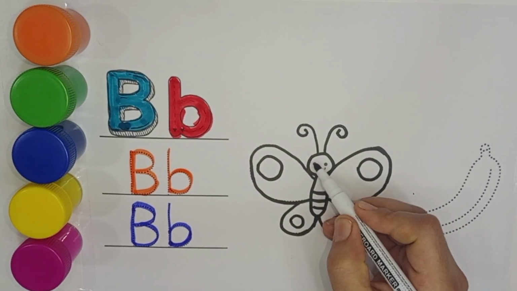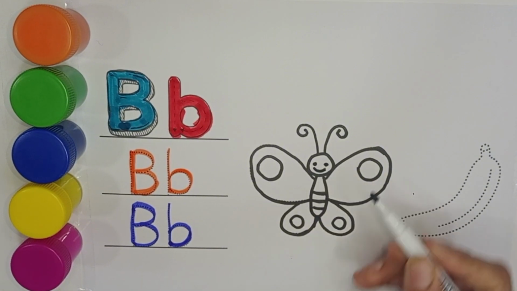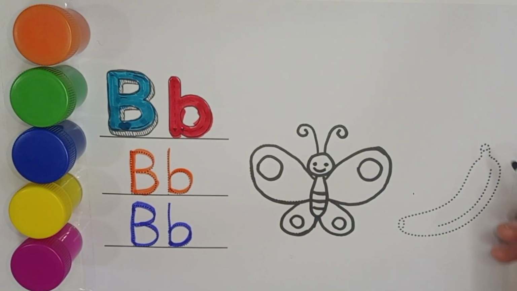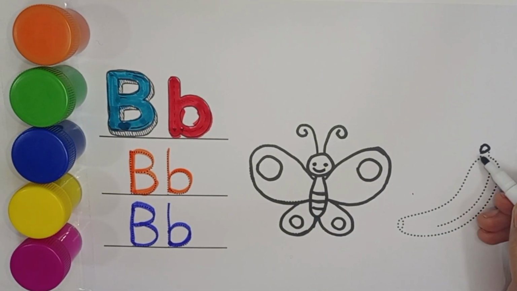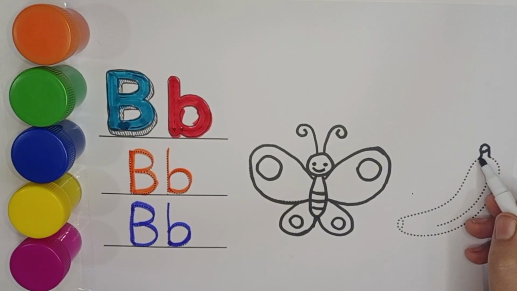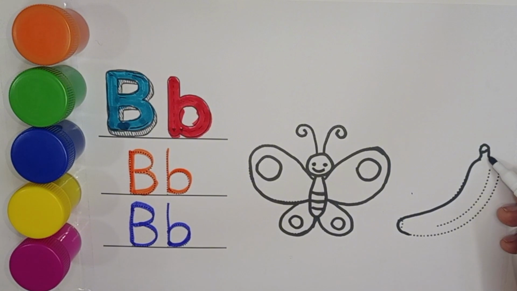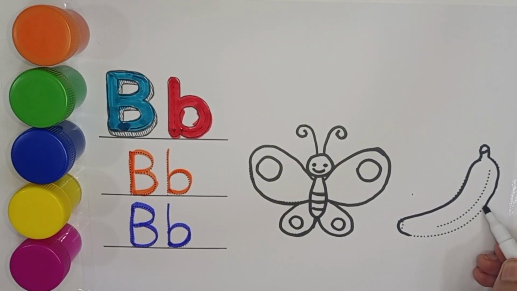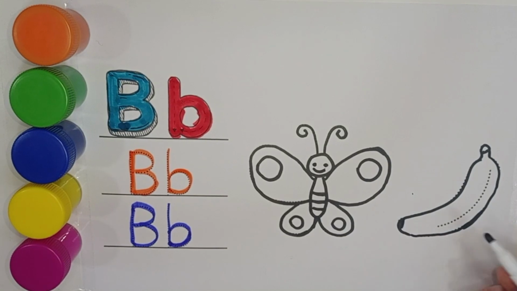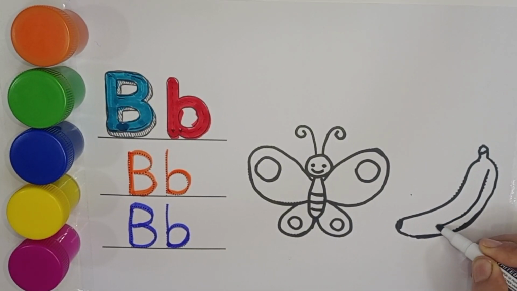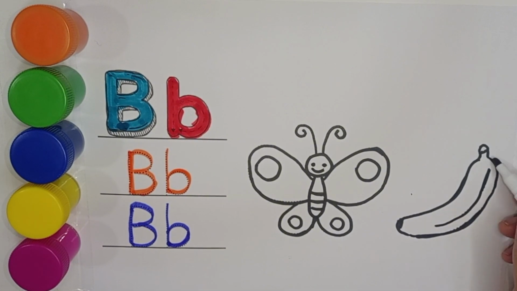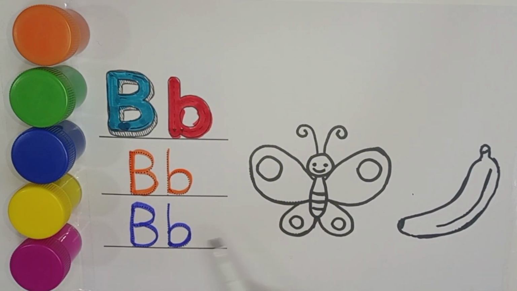Now we draw butterfly. Now we draw banana. B butterfly, B banana.